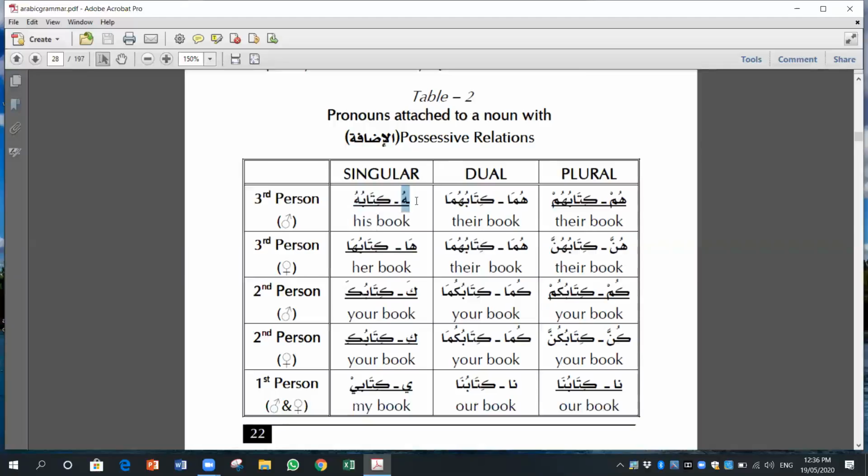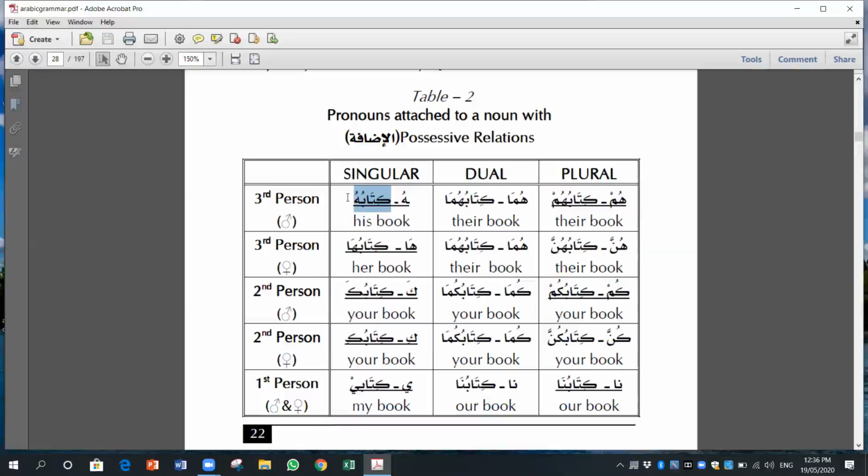Just kitabuhu is enough. This separate form is written only for our recognition, otherwise it wouldn't be written. It is just so we can recognize that this was actually an attached pronoun and it is attached in this way.